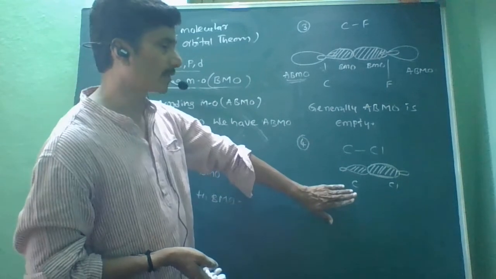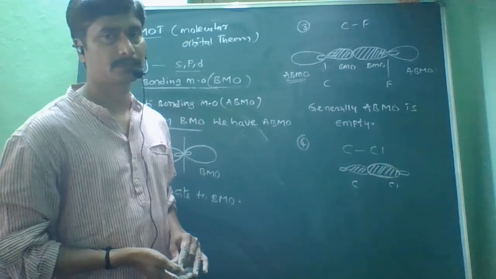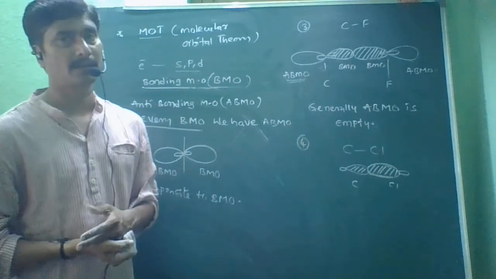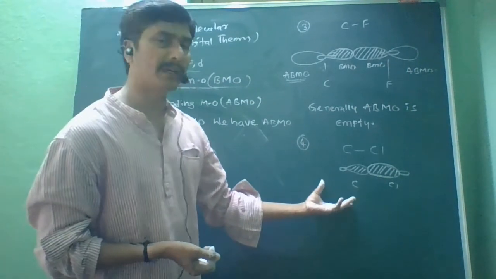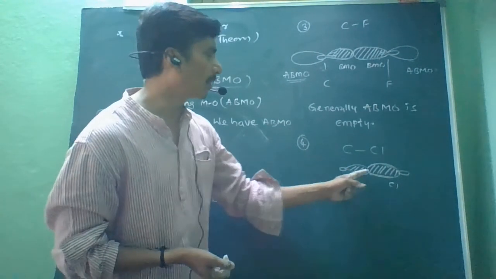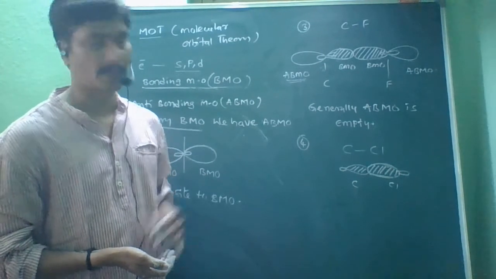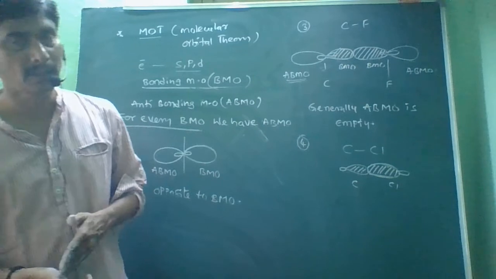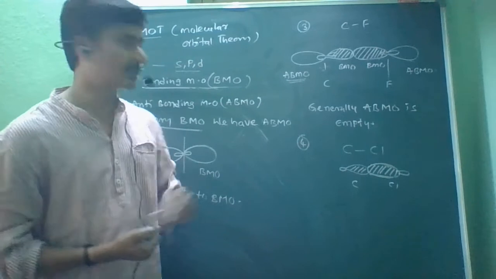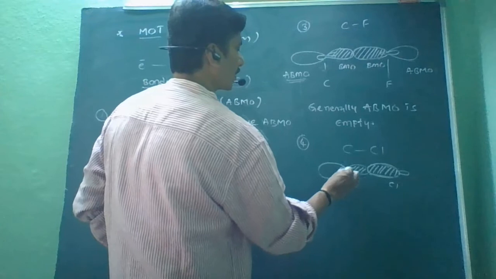So there will be a limit on the electron capacity held by both the bonding orbitals as well as the anti-bonding orbitals. According to atomic theory, Pauli's exclusion principle, an orbital contains only two electrons, whether the bonding molecular orbital or the anti-bonding orbital.